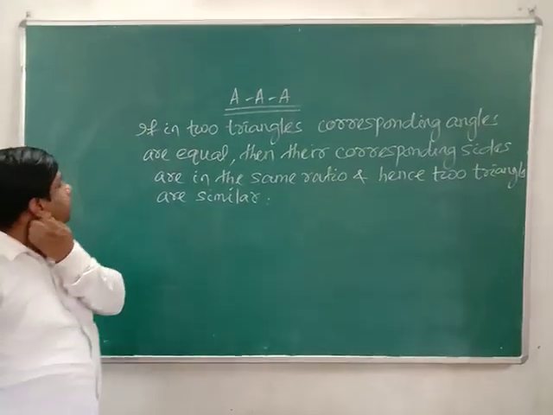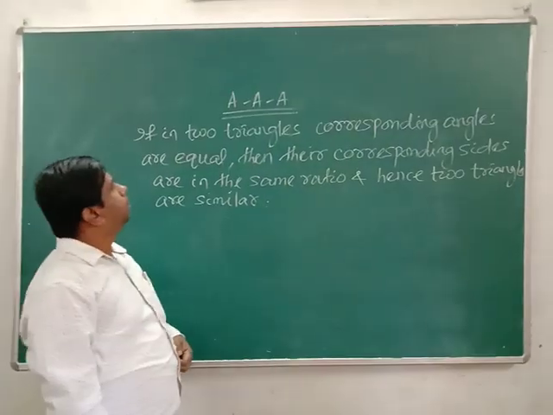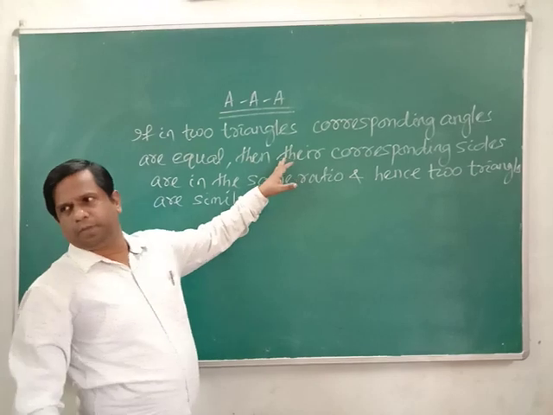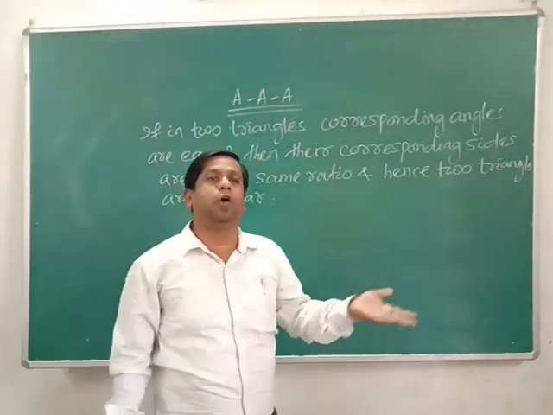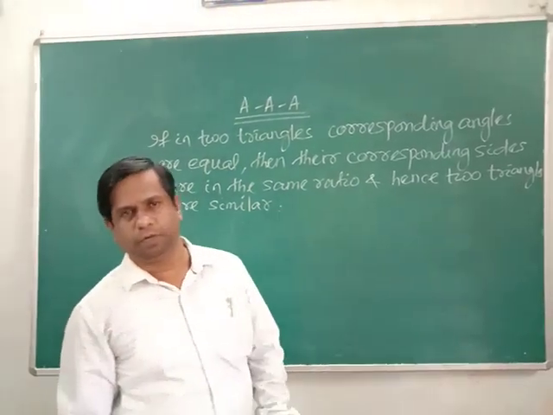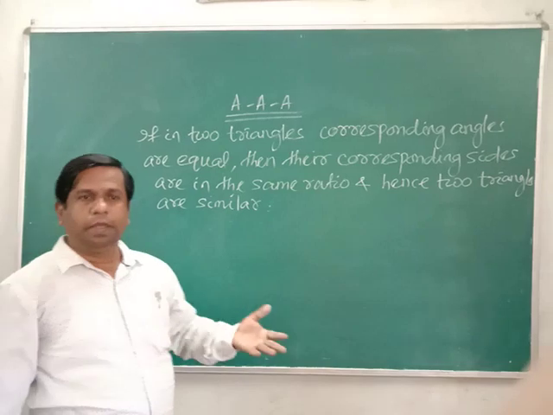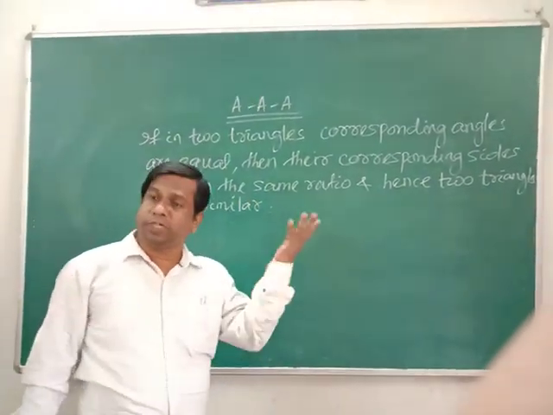So you have studied for polygons two conditions are required, but for two triangles, if any one of them, if corresponding angles are equal, then their corresponding sides will be automatically in the same ratio. That means they will be similar. Or if corresponding sides are in the same ratio, then their corresponding angles are equal.